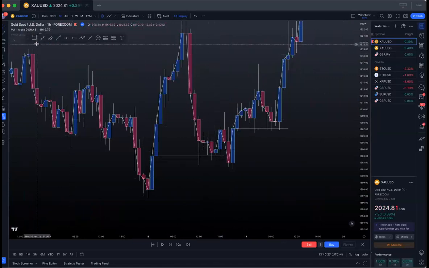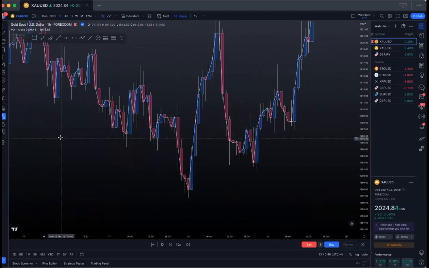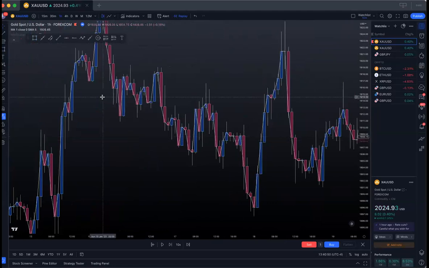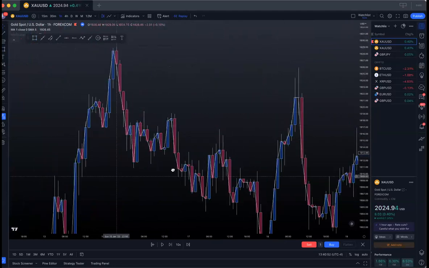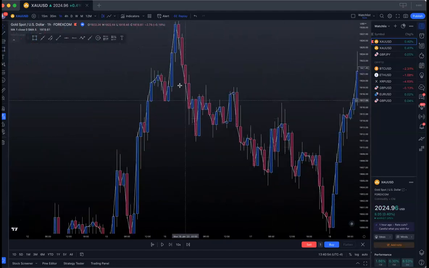So we would want to see price come here and close bullish for this level to be validated, and then you would take the entry at this point. So it's not just about the rejection, it's about the close as well. It's also in the PDF, which explains that in a much cleaner way.